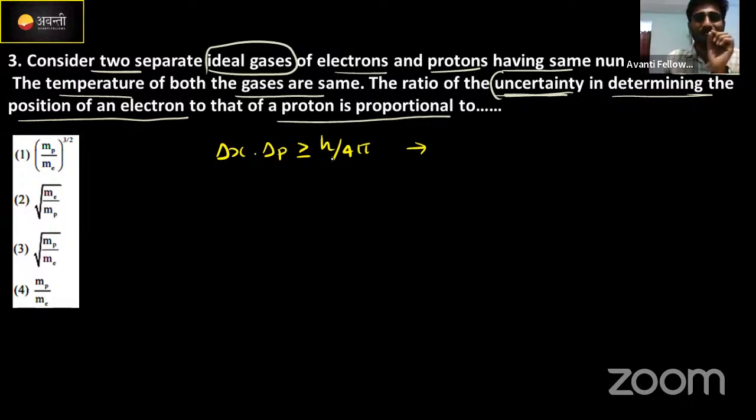Sorry, guys. A small correction. This is not a de Broglie one. This is the Heisenberg uncertainty principle. Yes. Always P होता है. Okay, got it. Thanks to my colleague. Okay, that is delta x dot delta p is greater than or equal to h by 4 pi.